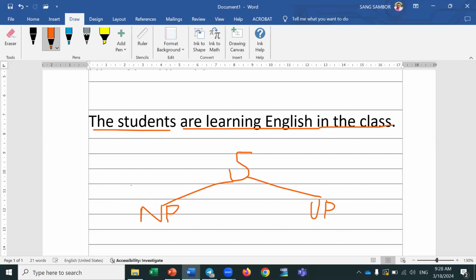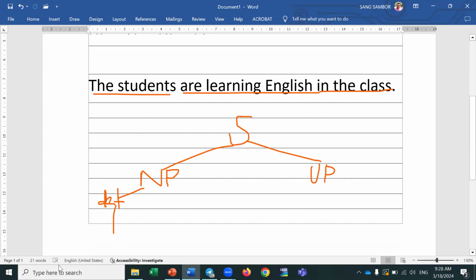But if you just look at this noun phrase, it should be a combination of determiner, okay, determiner, the, and noun, student.